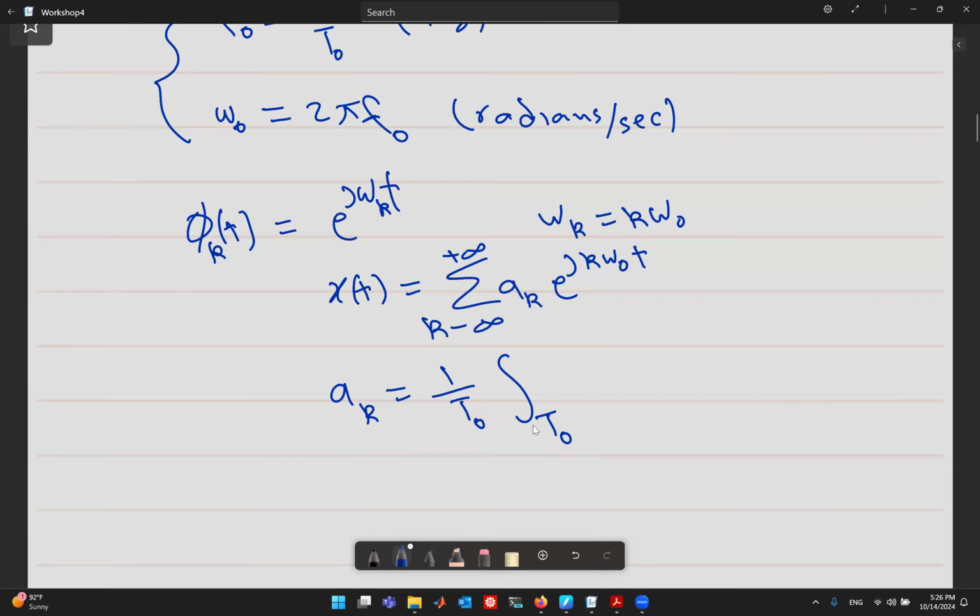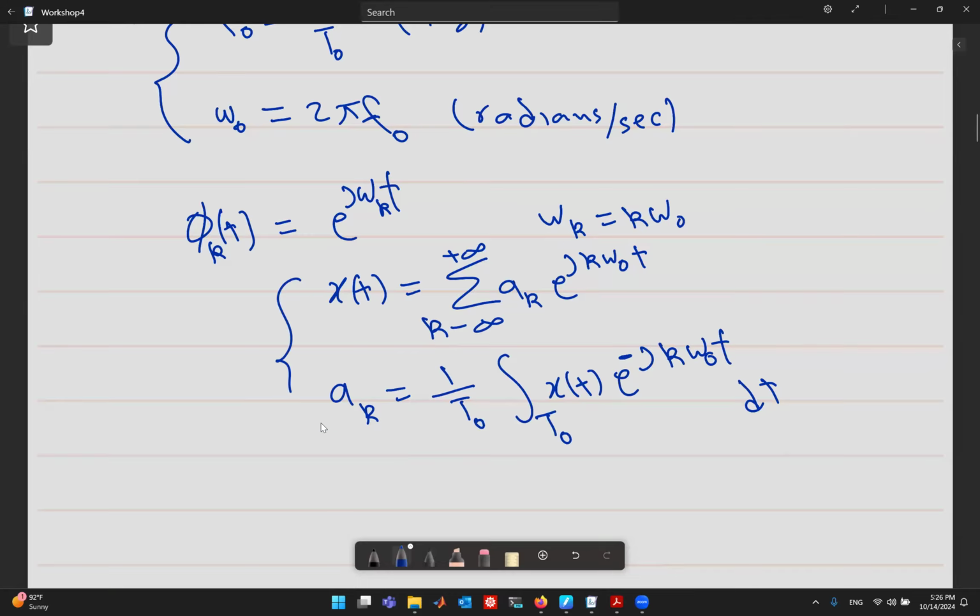It doesn't matter where we start and where we end, but we should integrate over one period of the signal: x(t) exponential minus j k omega 0 t dt.